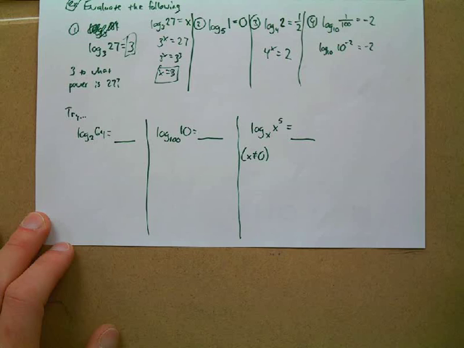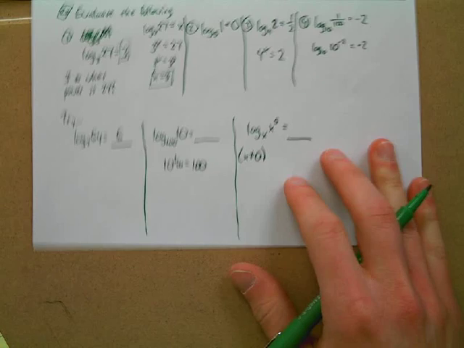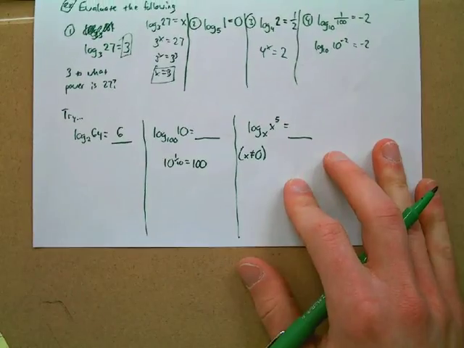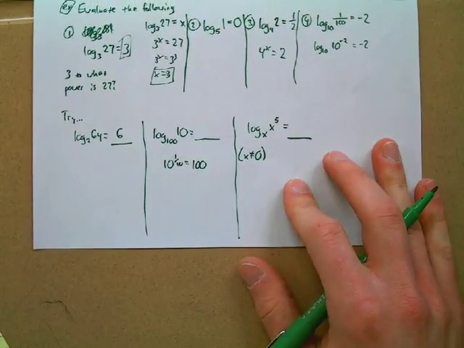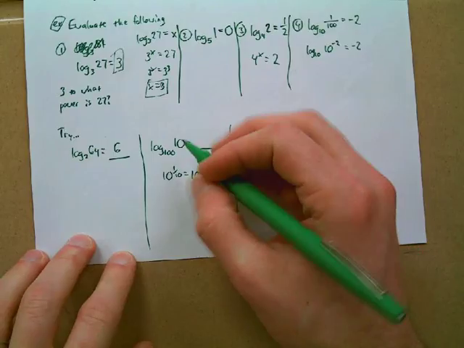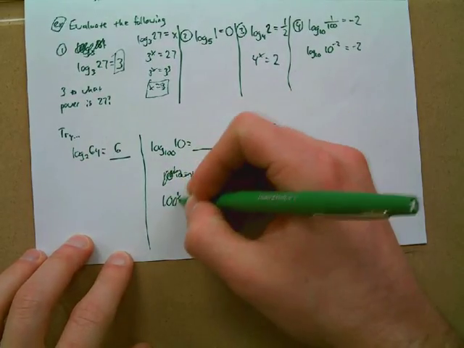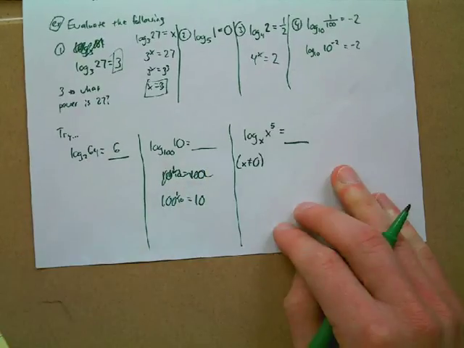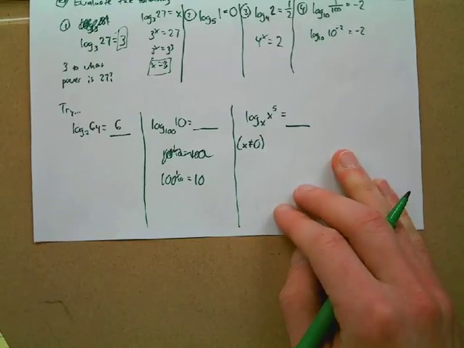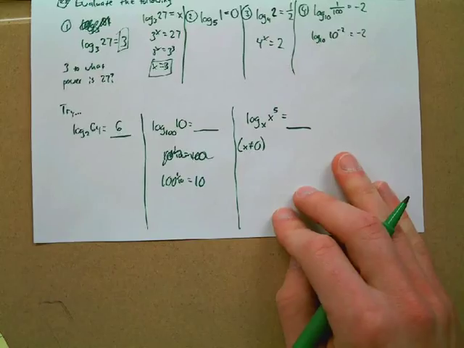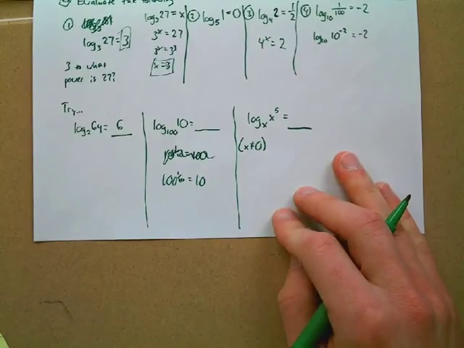Oh, I got this backwards. I apologize. 100 to what power gives us 10? 100 times 1/10 would give us 10, but not 100 to the 1/10. What exponent there?